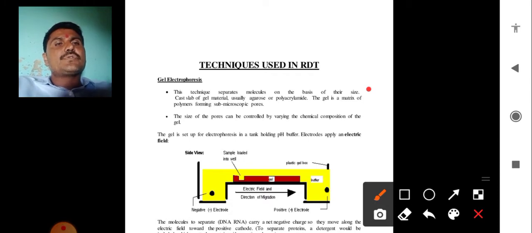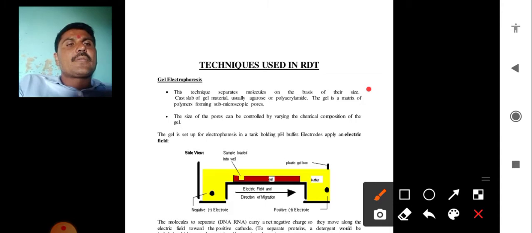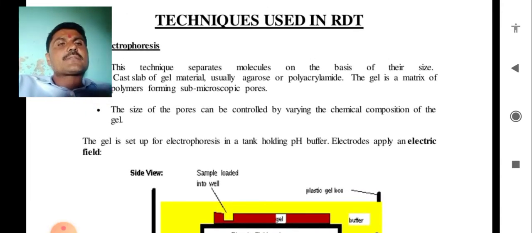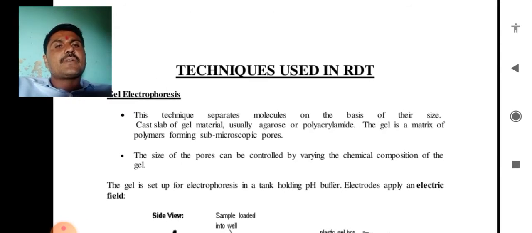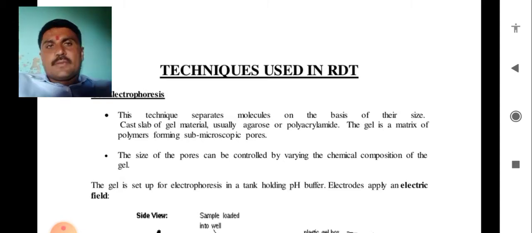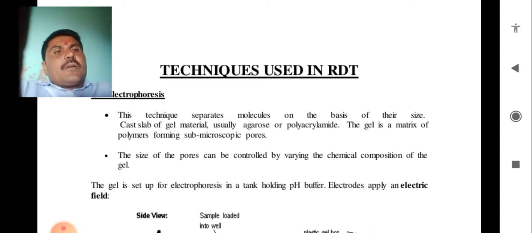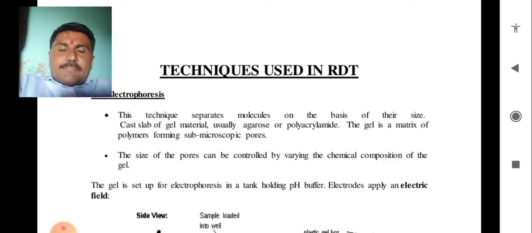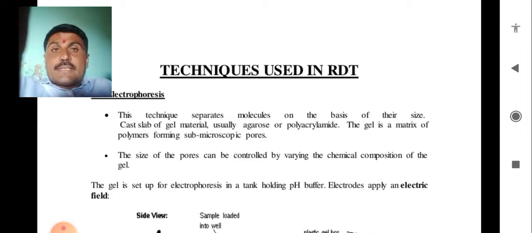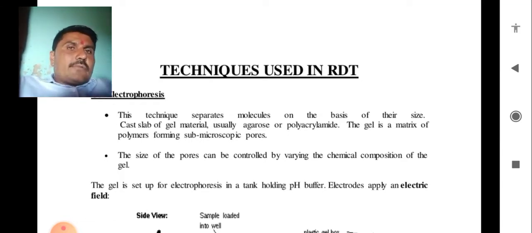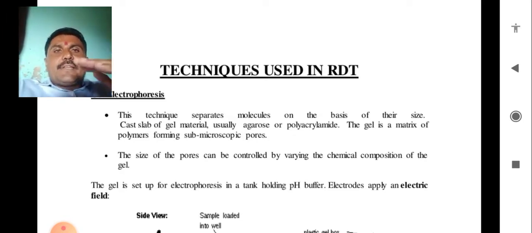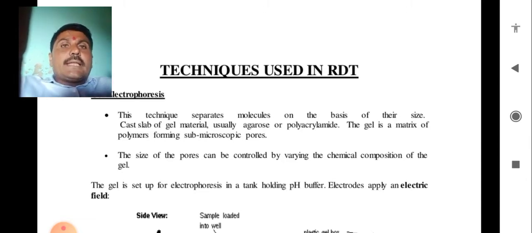Cast a slab of gel material, usually agarose or polyacrylamide. The gel is a matrix of polymers forming submicroscopic pores. Well, I repeat, what is the technique of gel electrophoresis? The technique separates molecules on the basis of their size, not the structure. A slab of this aqueous material is cast, and the molecules are differentiated in the same tube, usually agarose or polyacrylamide.